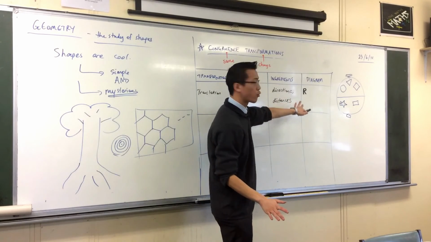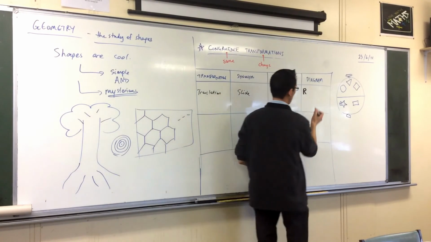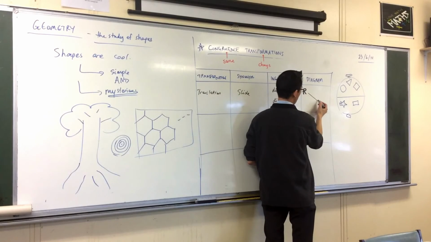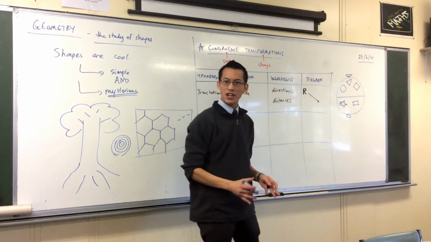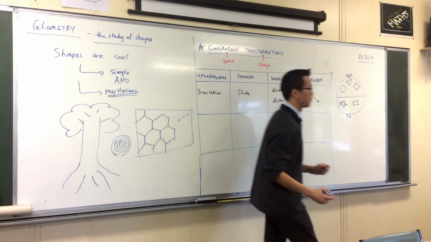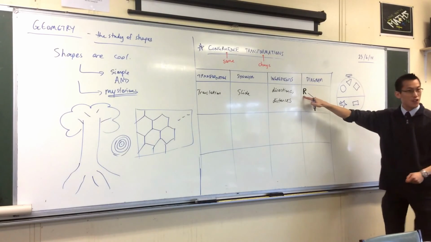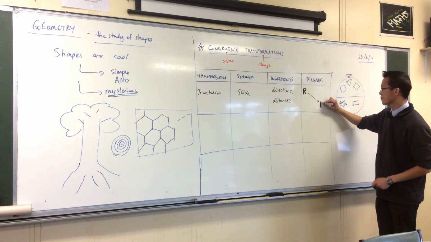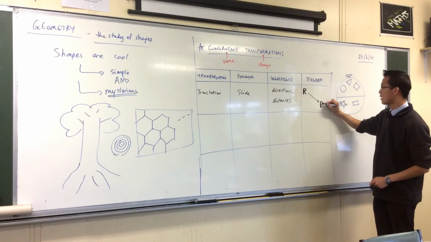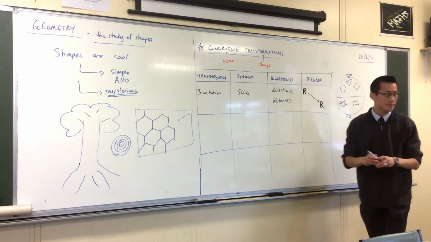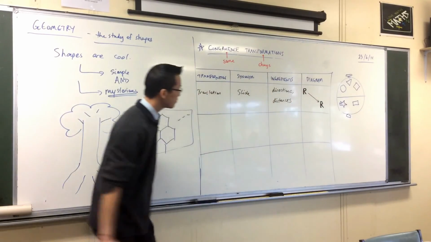Okay. So, if we translated this, this is what it would look like. For instance, if that was the direction and the distance that I moved to do, right? The shape started over here, my R shape, and then it ends up over here. It's an R shape.